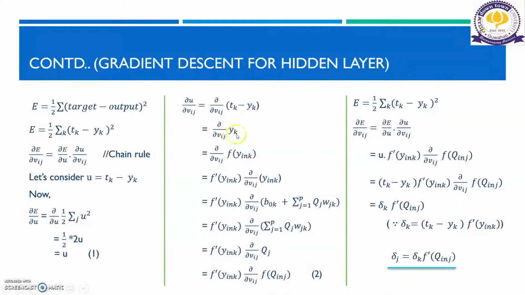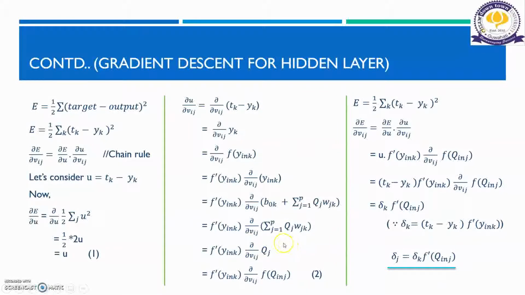Now if you expand yk term, it will be f of y k. So derivative of this function is the delta of y and k. So in place of y, that is the net input at the output layer, is this. So this term is a constant, so it goes away. Now just remain this part.